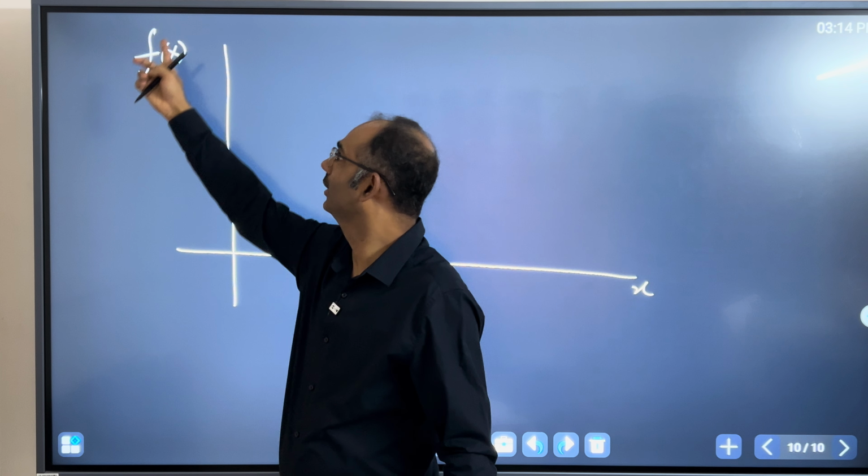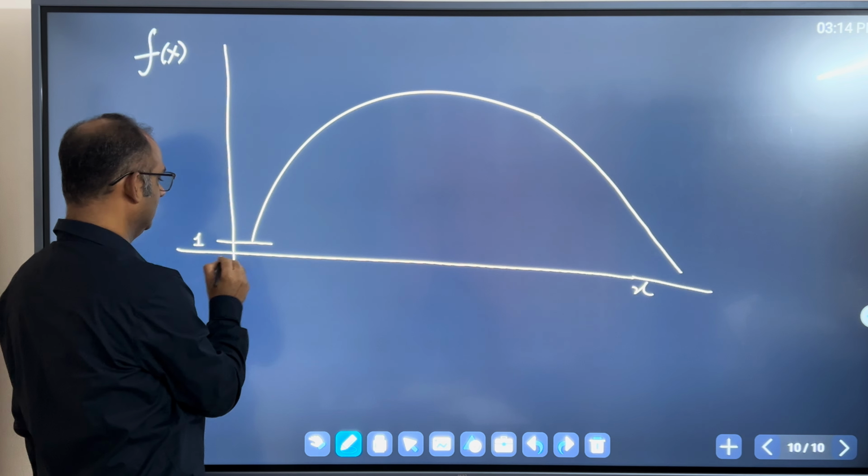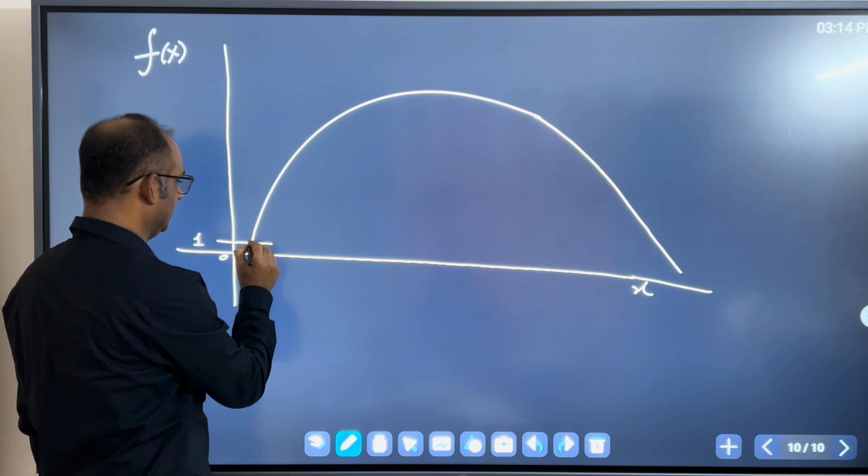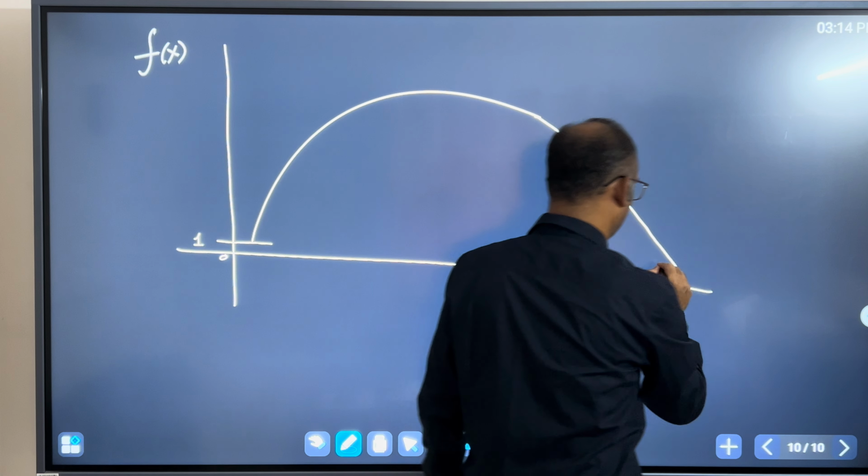And imagine it has this shape. Now what I am imagining is that, let's say this is some point, let's say it's 1, it's 0 here on the vertical axis, and this is also 1.